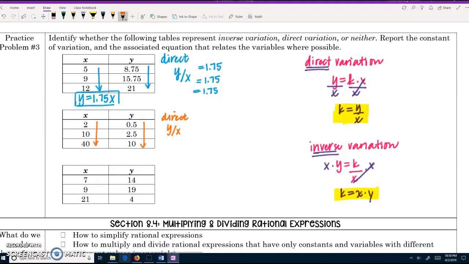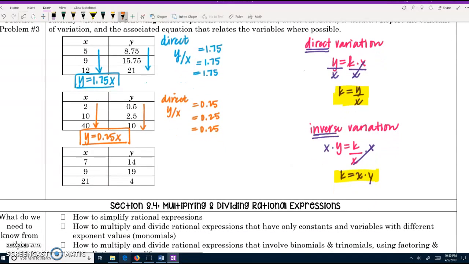So here I would do 0.5 over 2. That would give me 0.25, which would be the same thing that I get with 2.5 over 10, and the same thing that I get with 10 over 40. So this one would also be y equals 0.25x.